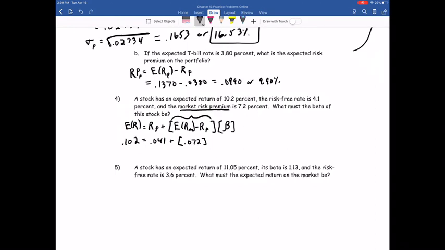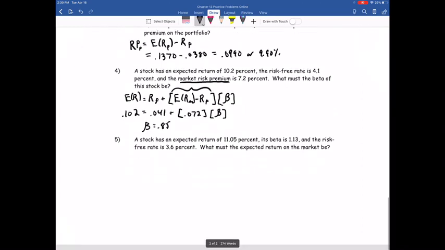And we are solving for the beta. So if I subtract 0.041 from both sides and then divide by 0.072, you would end up getting a beta for this stock that is equal to 0.85. So this has less systematic risk than the market as a whole, as we compare our beta values to 1. Greater than 1 would have more systematic risk, less than 1 would have less systematic risk.